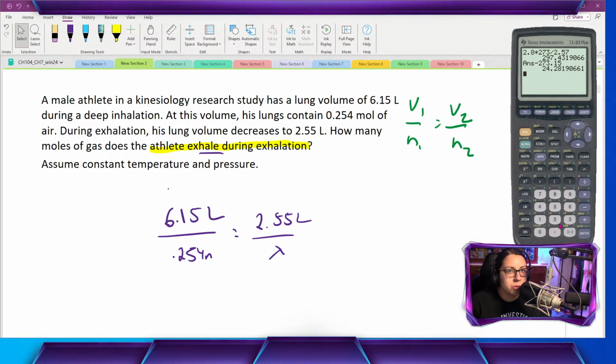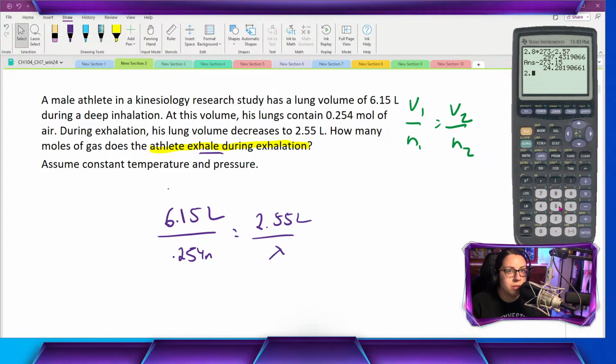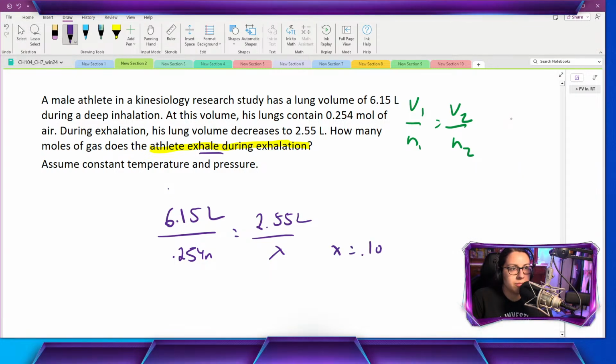So time to cross multiply: 2.55 times 0.254 divided by our 6.15. And so we have 0.105 in the lungs, so that was X.